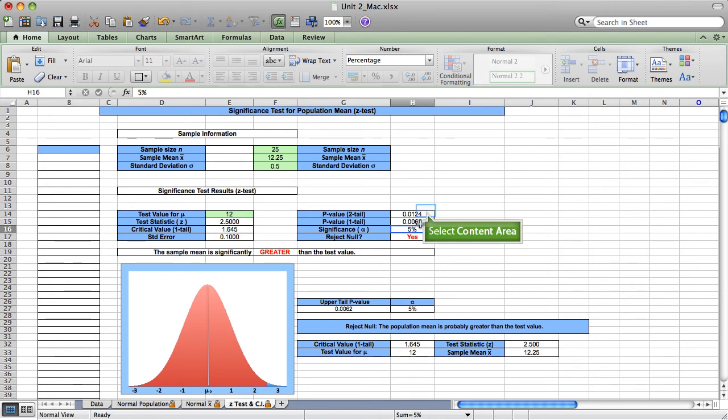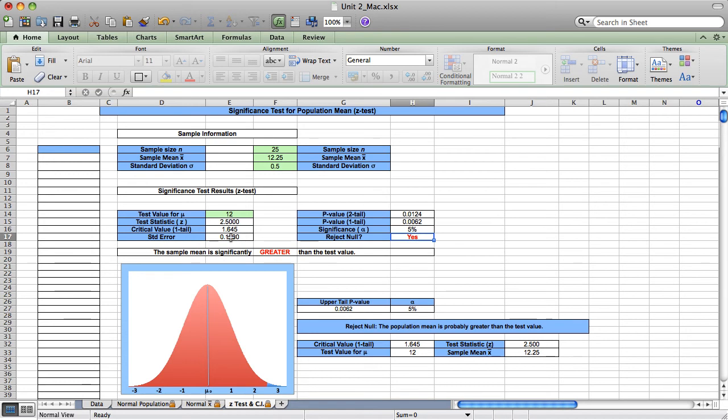How do we make a decision for our test? Well, we've obtained the correct p-value of 0.0124. The alpha value of 5% or 0.05 is given, and it represents the limit for making a decision to reject the null. Specifically, when the p-value for our test is less than alpha, which it is here, we reject the null hypothesis.